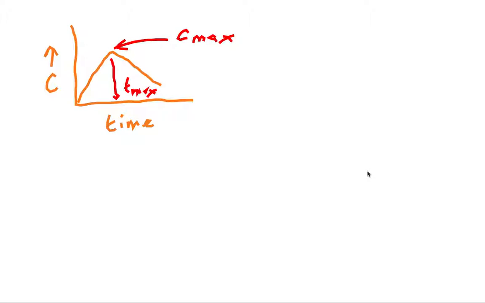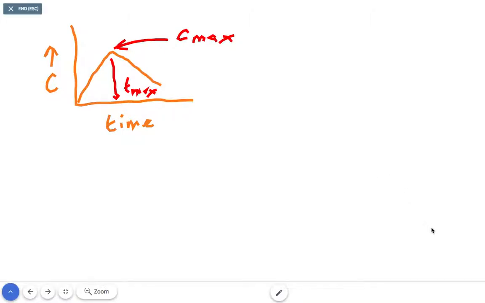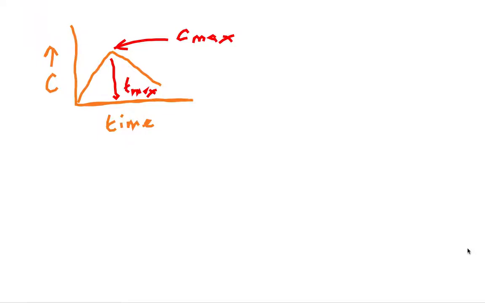Now, at Cmax, at Tmax, absorption is complete. That is similar to distribution being complete in the two-compartment IV bolus model. Here we say absorption is complete, and so clearly we have to delineate between two parts in this graph while doing the math.